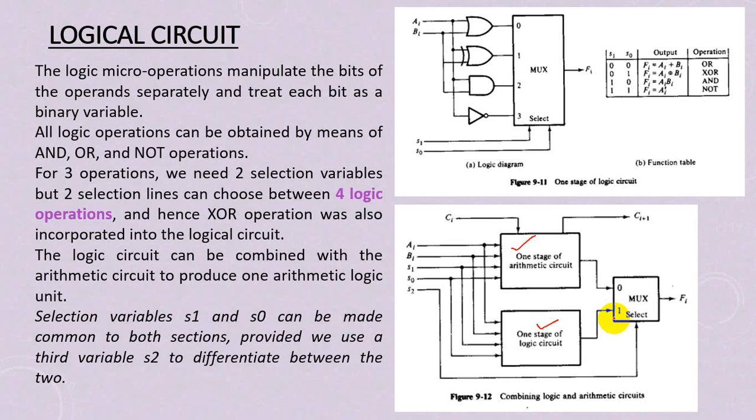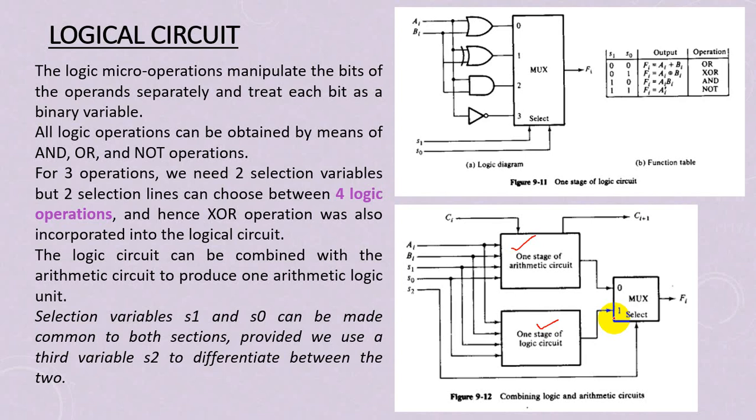The equation of parallel is A exclusive OR B exclusive OR carry in. Okay, that was the hardware for the arithmetic circuit design. For the logic operation, carry in has no meaning.